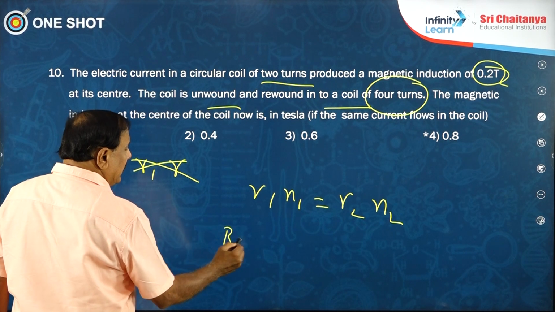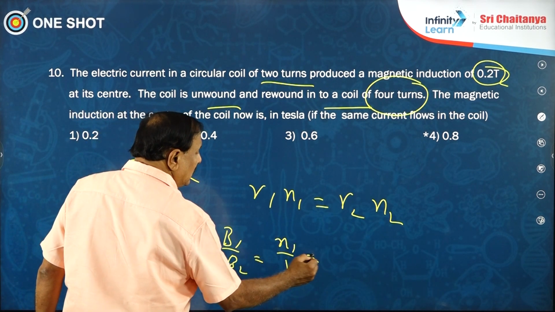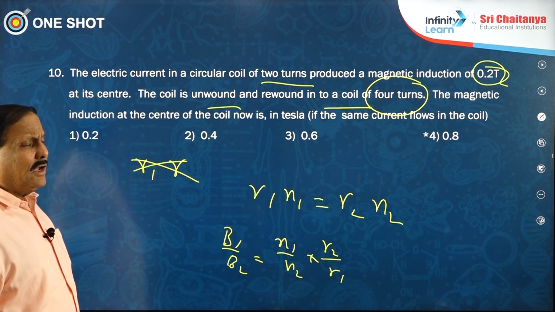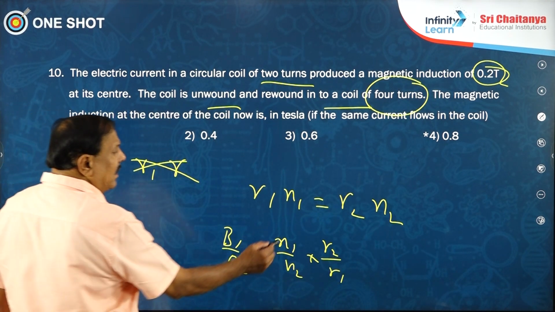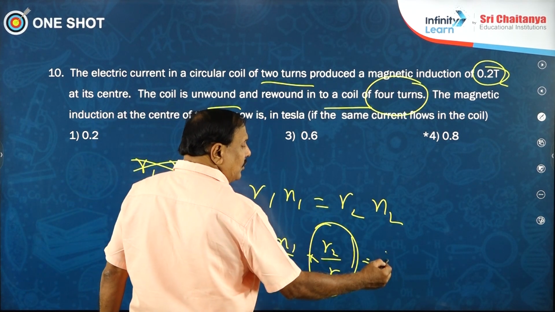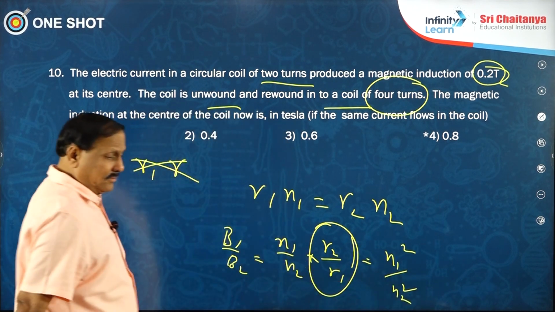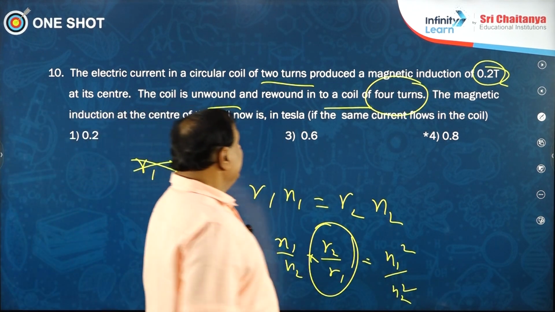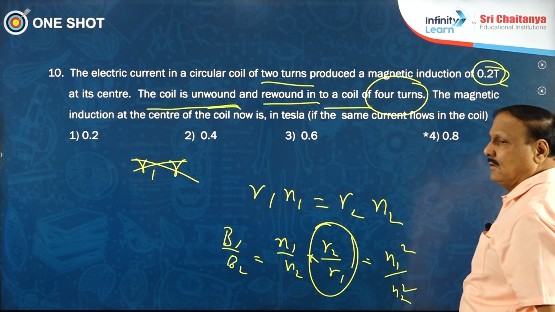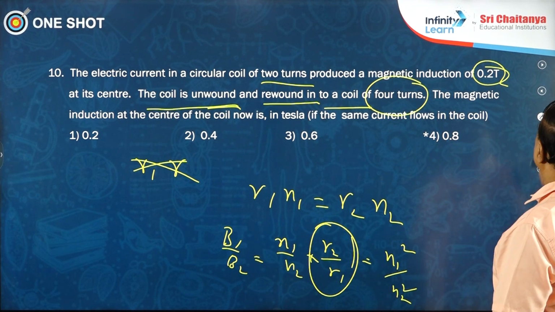B1 by B2 is equal to N1 by N2 into R2 by R1. Because they gave the number of turns, you have to eliminate the radius, R2 by R1 is again N1 by N2. So, finally, you will get N1 square by N2 square. Only thing you have to understand is, because the coil is unwound and rewound, the wire is same, the length of the wire is same.